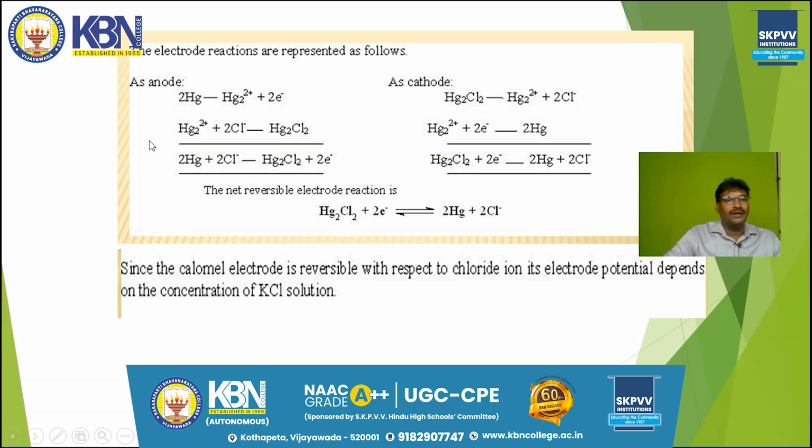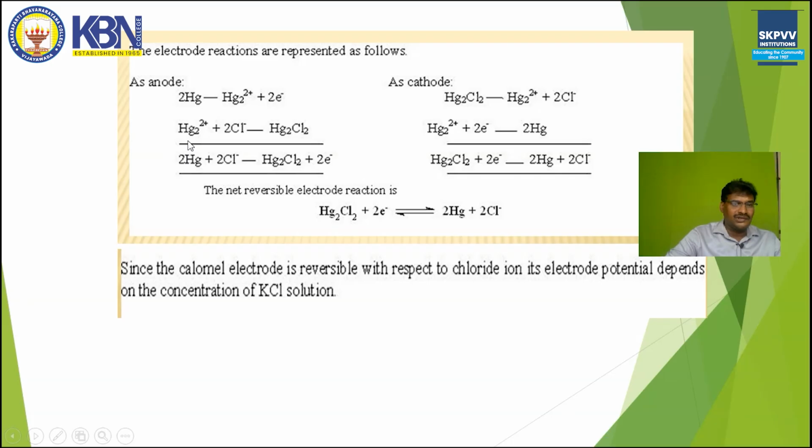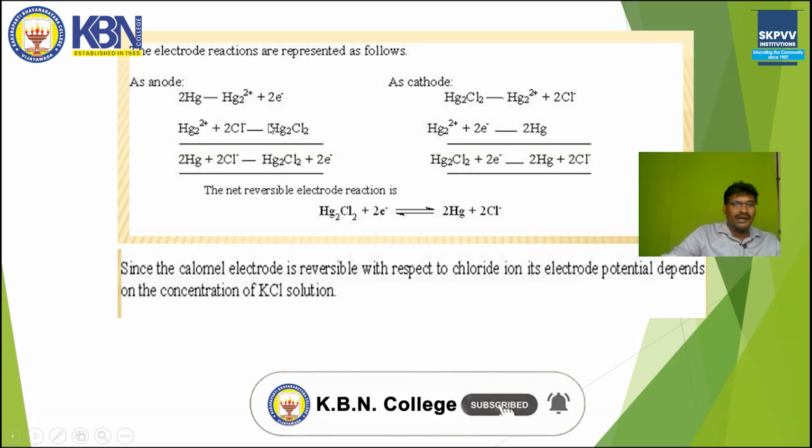At the anode, Hg gives electrons, and the Hg2²⁺ ion reacts with Cl⁻ ions from KCl, forming mercurous chloride Hg2Cl2. In the same way, at the cathode, two electrons are gained.